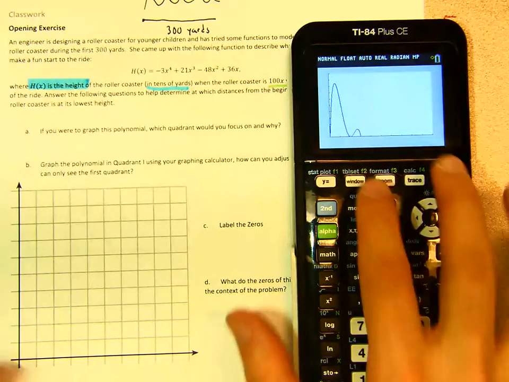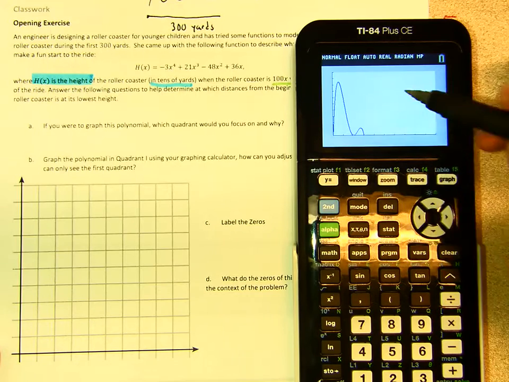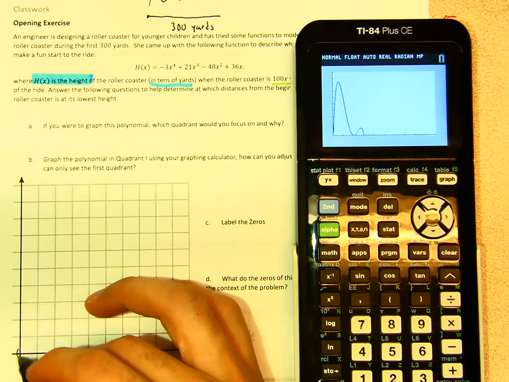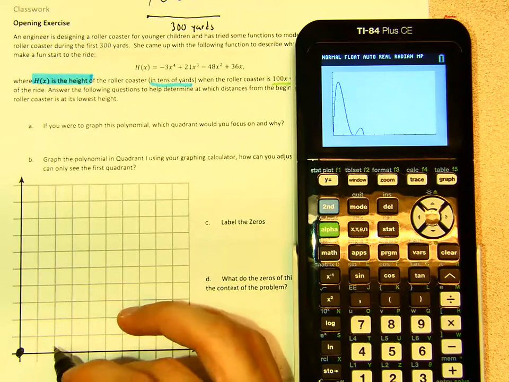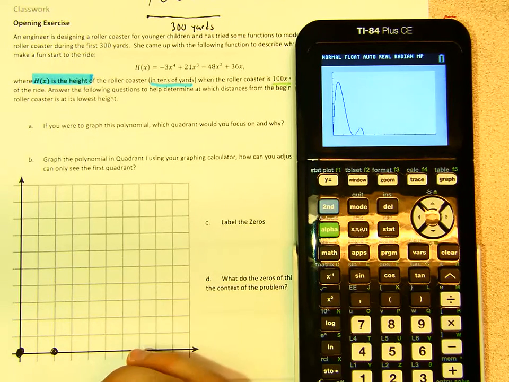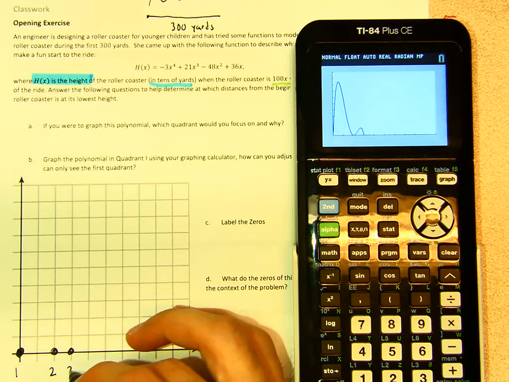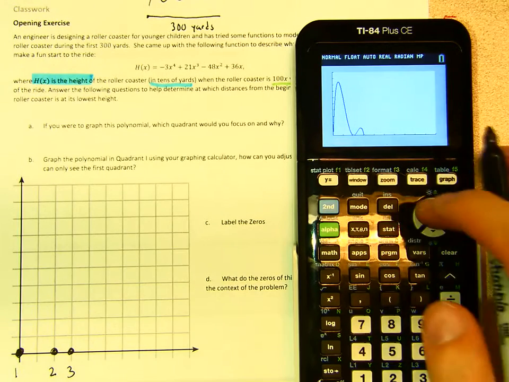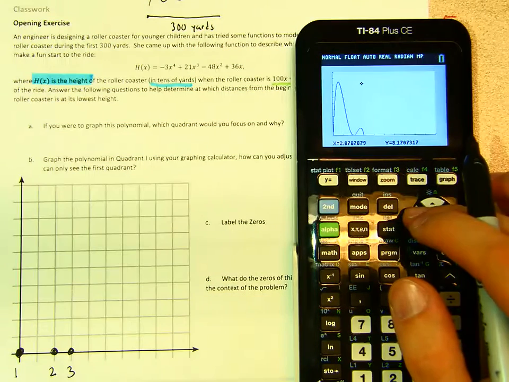So let's graph this over here. Take your time and graph this function. Notice the zeros: this is a 0 right over here. It also hits 0 at 1, then at 2, and then it also hits 0 at 3. So it's at 1, 2, and 3. If I were to graph the polynomial, it should look just like this. How high does it go? Let's drag the cursor.